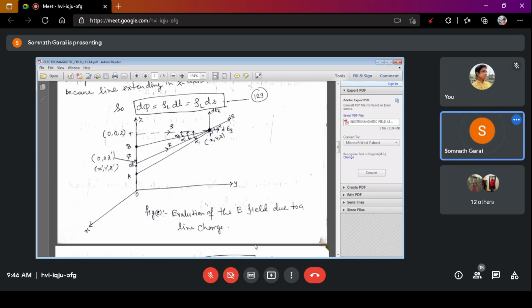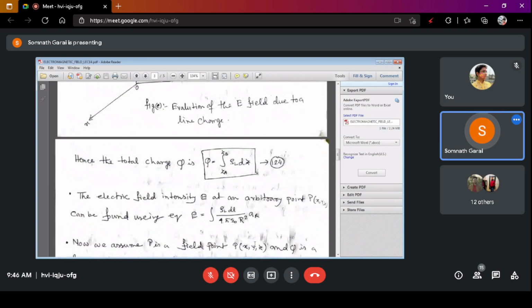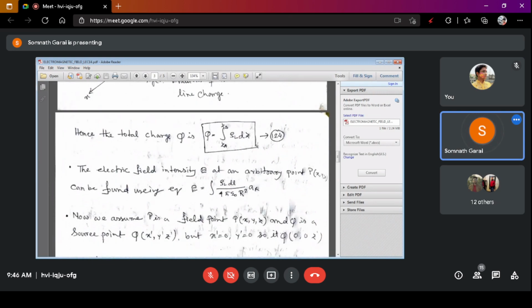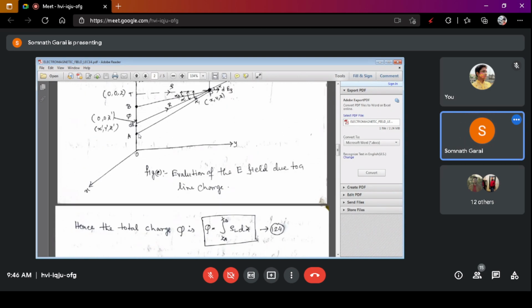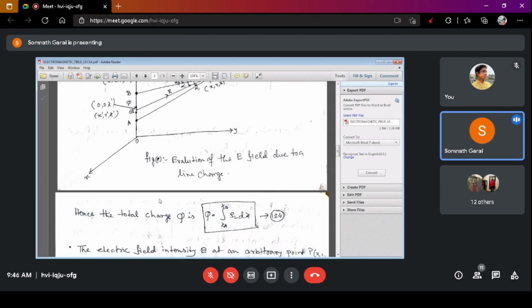Now, if we calculate the total charge Q according to this line charge AB, we write this equation: Q is equal to the integration from ZA to ZB of rho L dz, right?